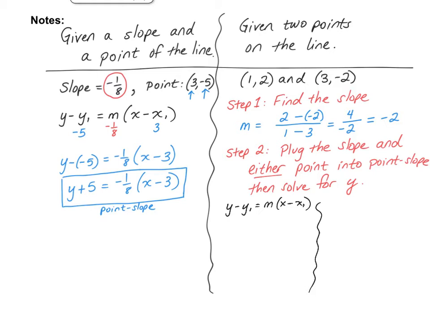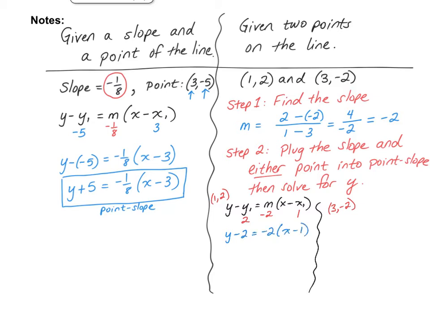I'm going to plug in my slope, which we got as -2. I'm going to do the (1, 2) point here, and then I'm going to do the (3, -2) point here. If I plug in (1, 2), my x is 1, my y is 2. Now it becomes y minus 2 equals -2 times x minus 1.